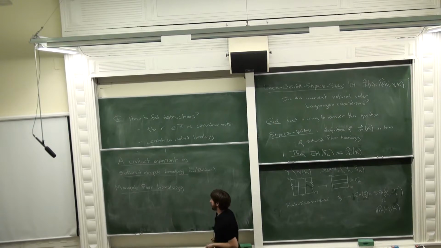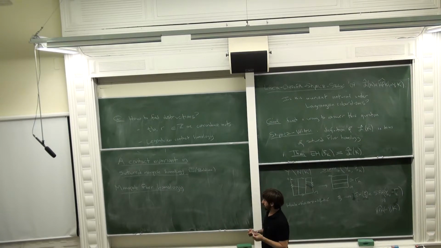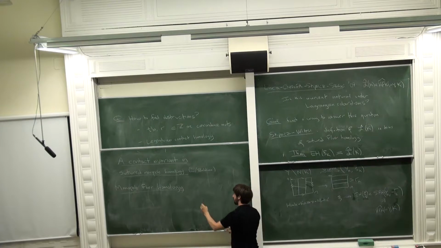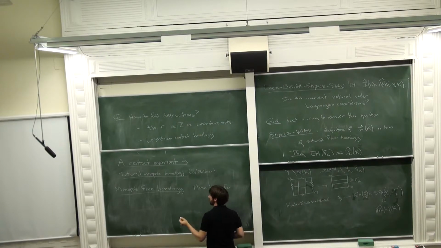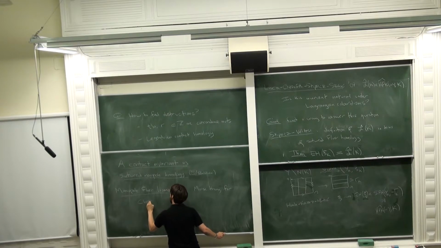Well, the quick one-sentence definition that sort of hides a lot of information, doesn't really say much, is that it's basically doing Morse theory for the Chern-Simons-Dirac functional on a three-manifold.